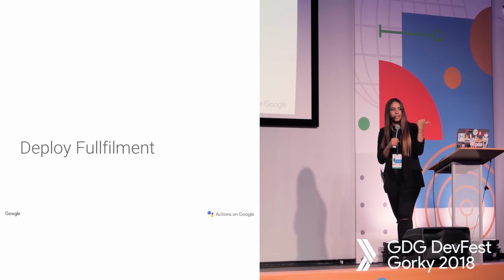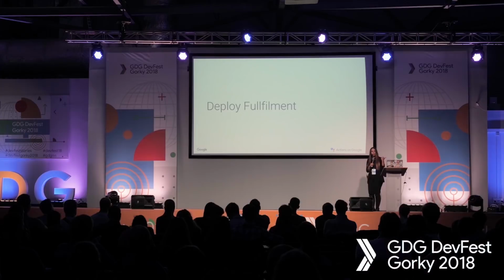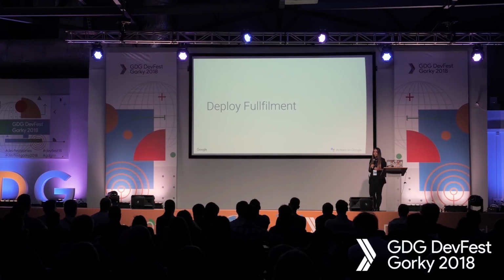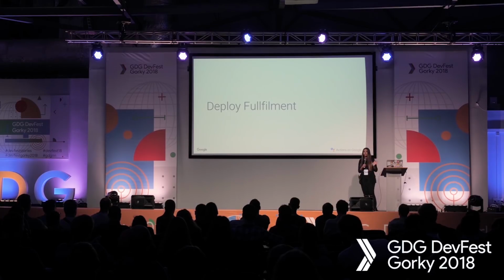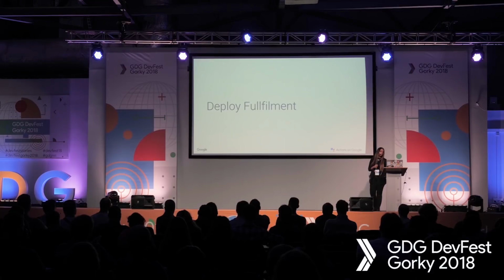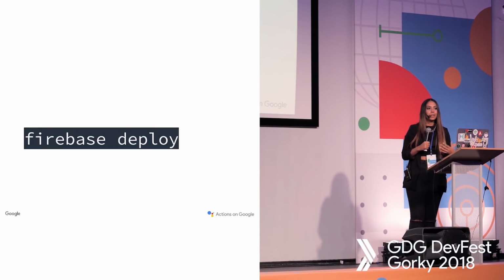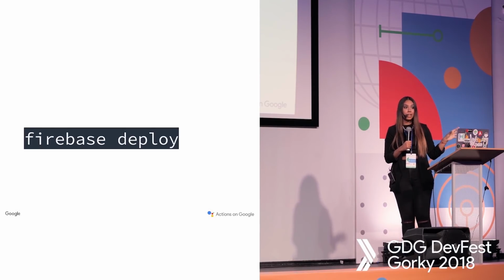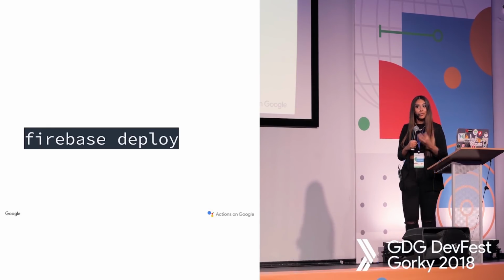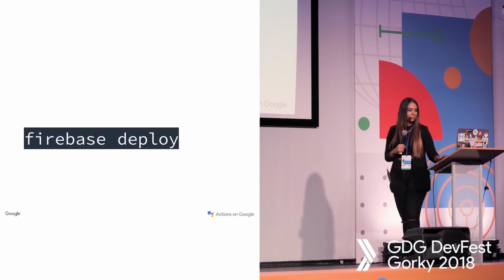The first thing that we need to do is deploy our fulfillment. Again, it's not mandatory to use Firebase, but for me, it's been pretty simple to combine both things. I really suggest that, especially if you're going to use Actions on Google for the first time. Once you connect your project with Firebase and you have already created your Actions on Google, do firebase deploy. That's simple.